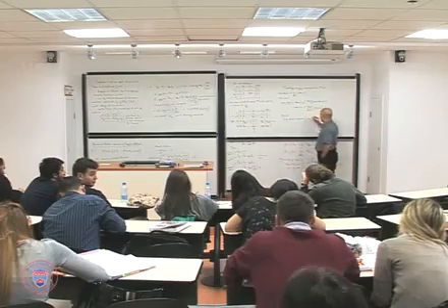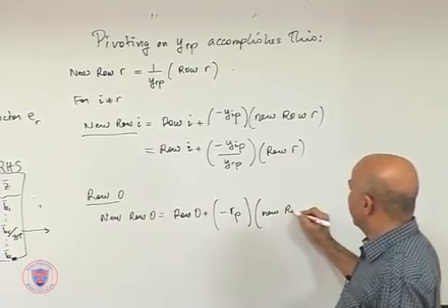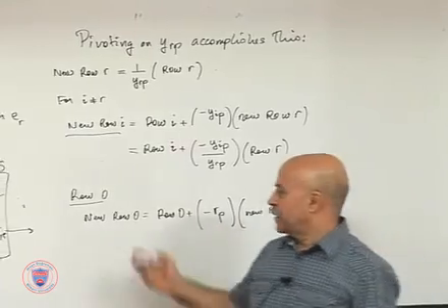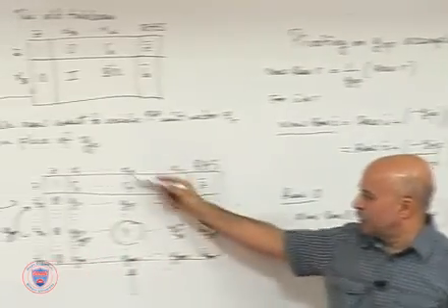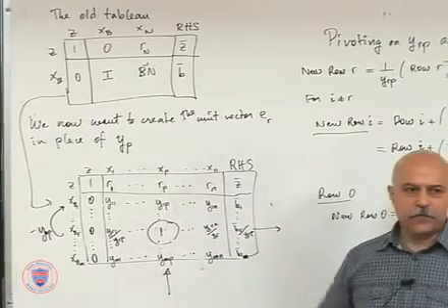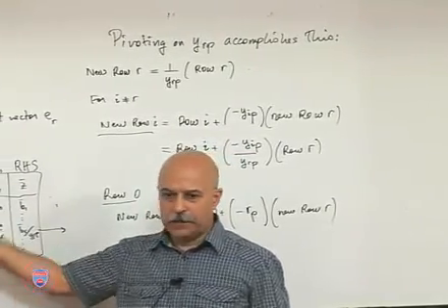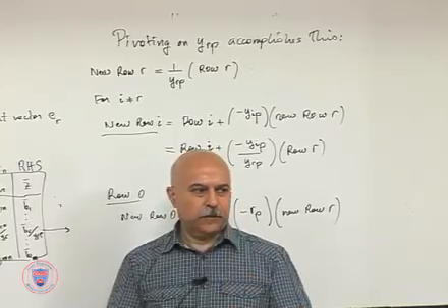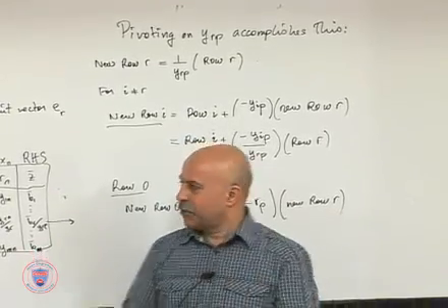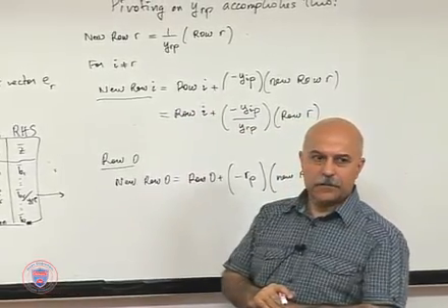Yes, minus RP times the new row R. Okay? And then if you apply these operations, you will have your appropriate unit vector here, which will also transform the rest of the stuff in the appropriate way. The old unit vectors underneath the old basic variables will be maintained. They will not be affected because they all have zeros, and so they won't be affected. And you got what you want.